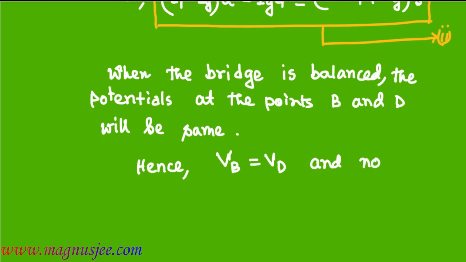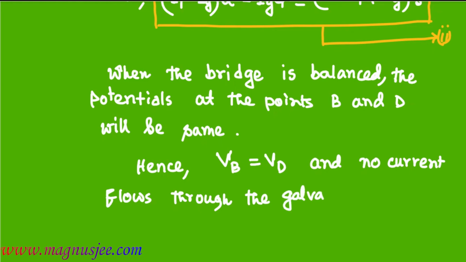And no current flows through the galvanometer of resistance G. Therefore, Ig equals 0.